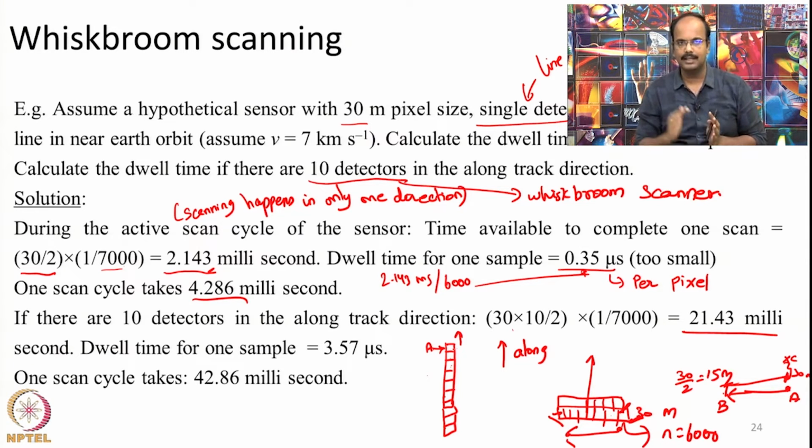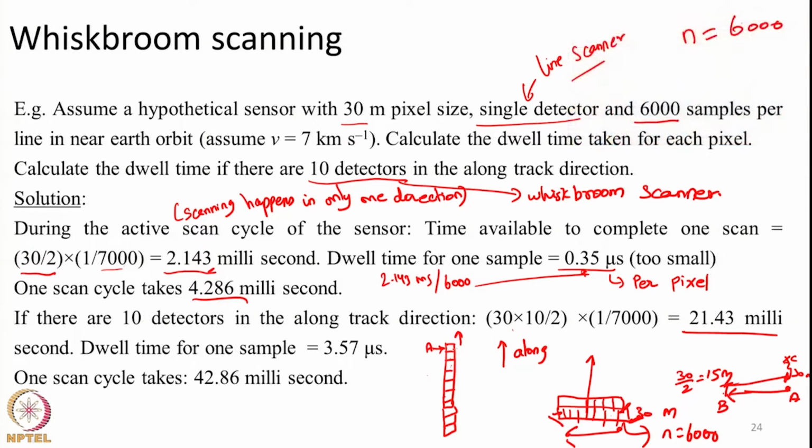That is the concept. If we have 6 detectors, we have 6 times more time. If we have 16 detectors, like Landsat had 16 detectors, then we will have 16 times more time available than the time taken by one detector.